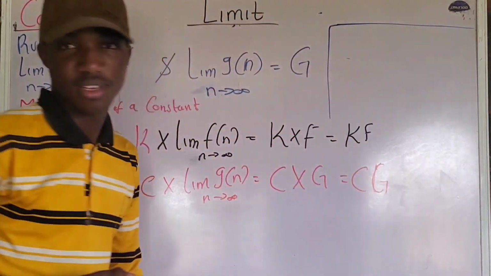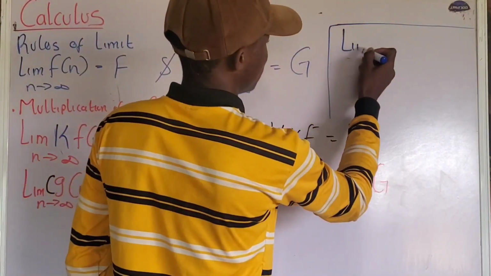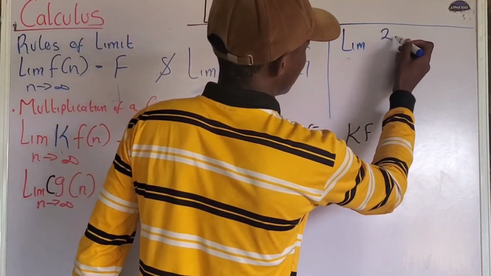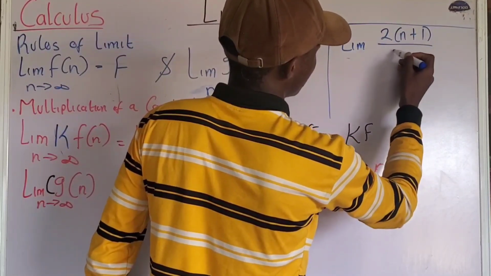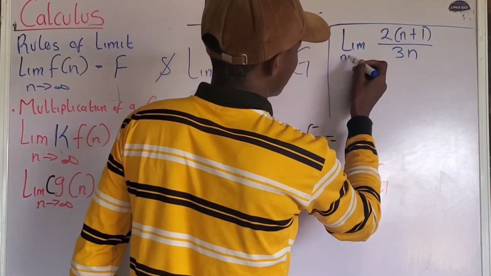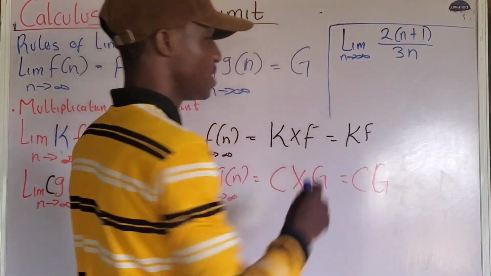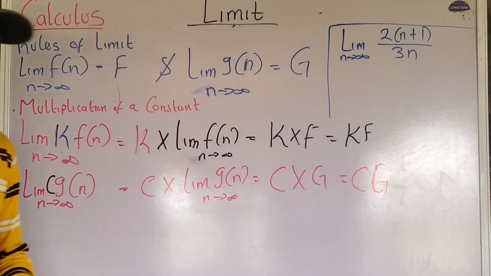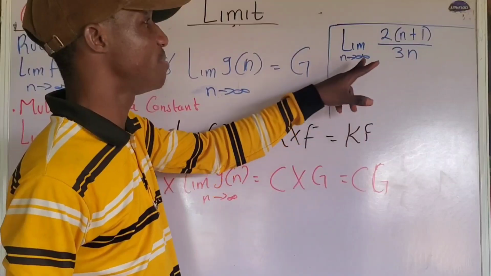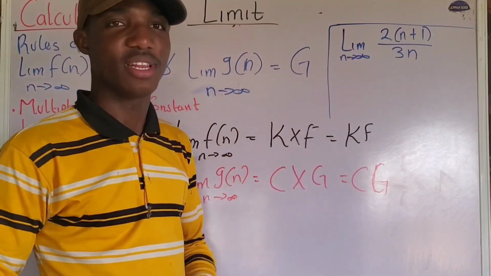Find the limit of this function. I want to show you the application of the law that you just learned. Let's say you are asked to find the limit of this function as n tends to infinity. How do you find the limit?